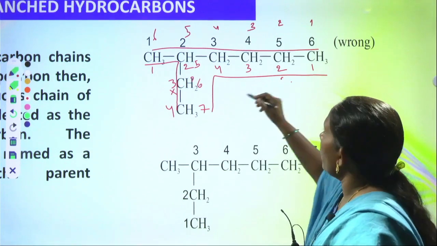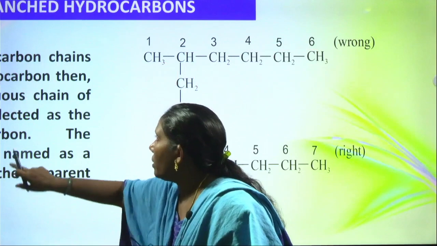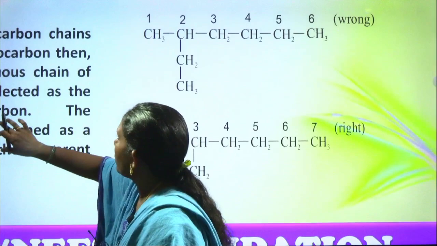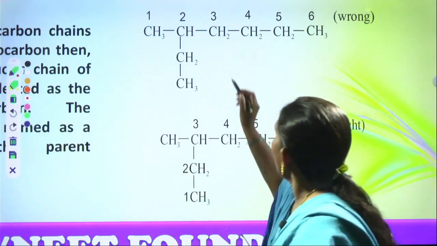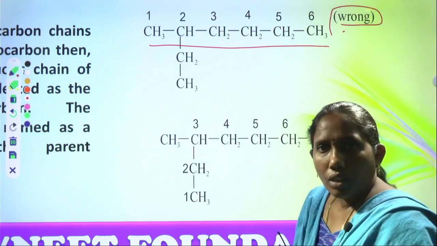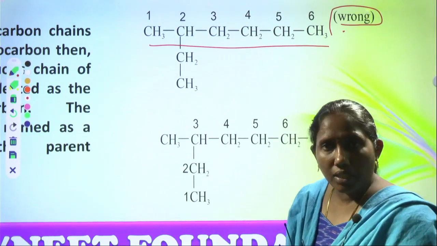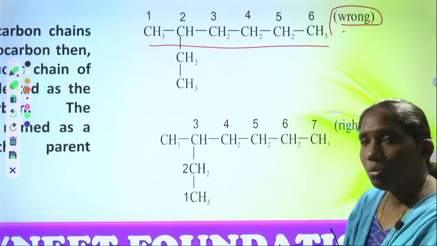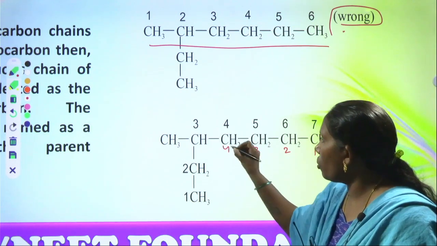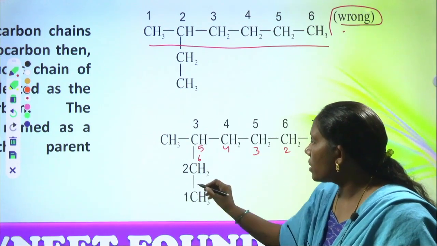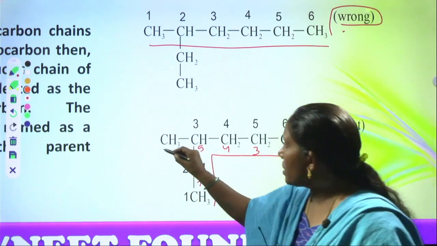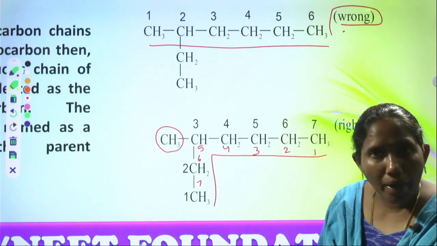So in this, they have given the numbering like this. That's why it is wrong. What is the correct one for the representation? Here again 2 points. If you take the numbering 1, 2, 3, 4, 5, 6 and 7, this is one of the branches.